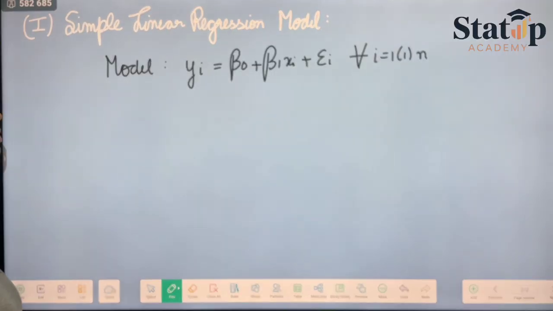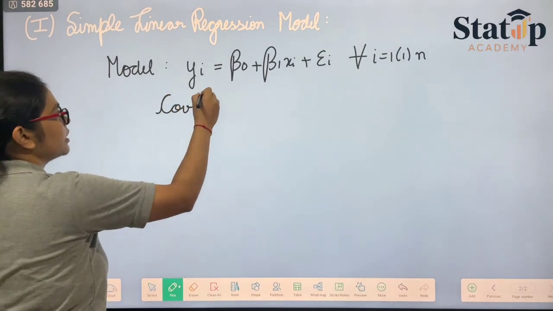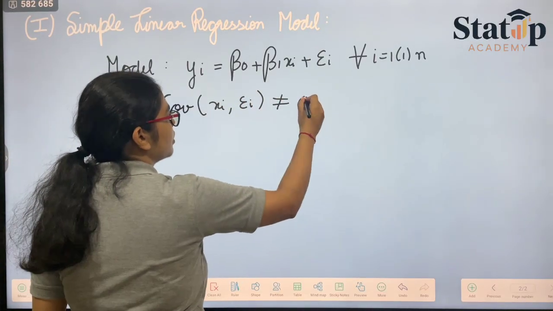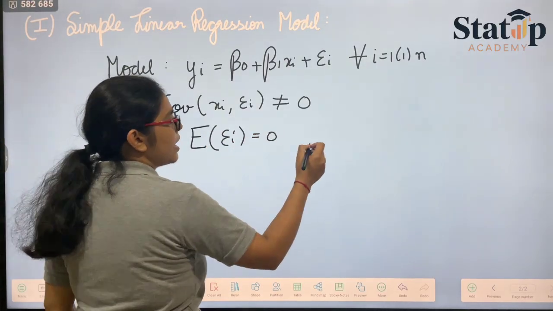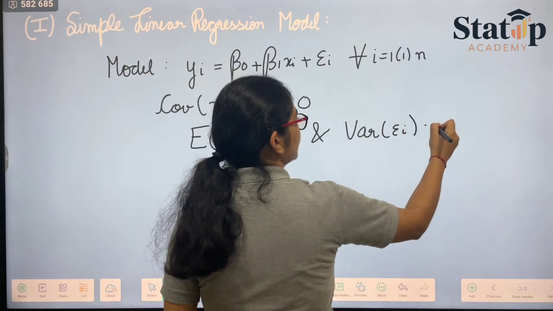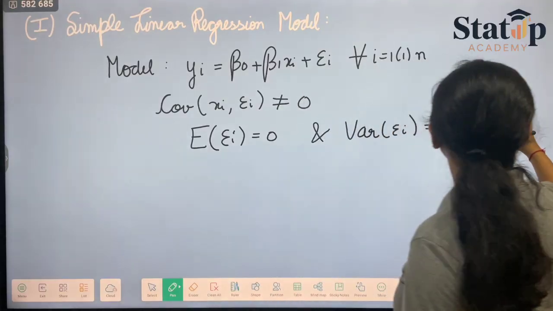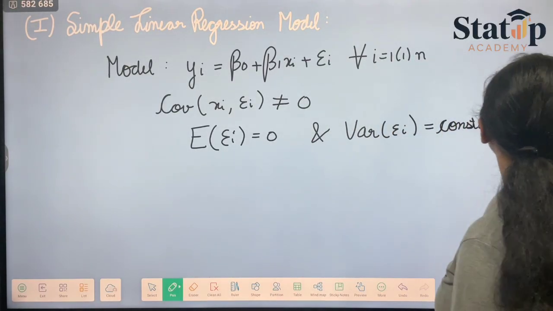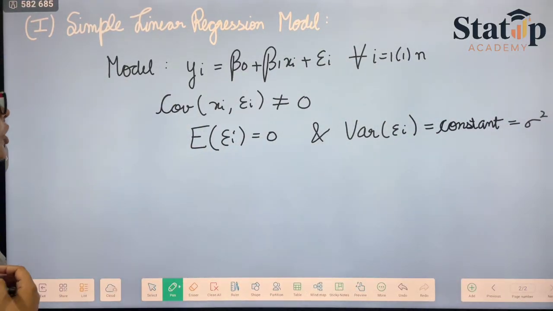Now in this, firstly we have been given that covariance between xi and epsilon i is not equal to 0, expectation of epsilon i is equal to 0, and variance of epsilon i is equal to a constant, or we can say sigma square. These are the given conditions in the model.